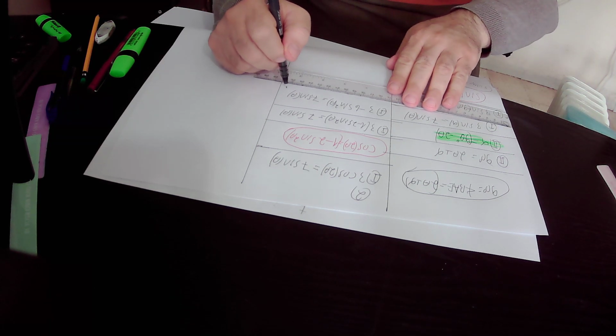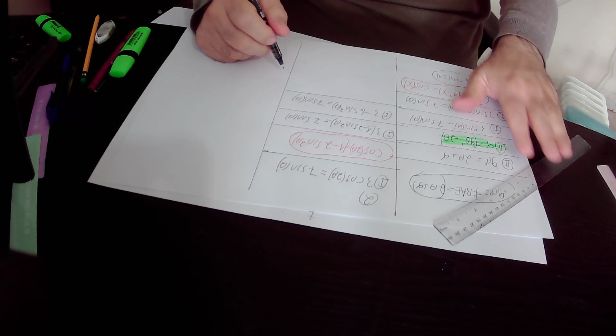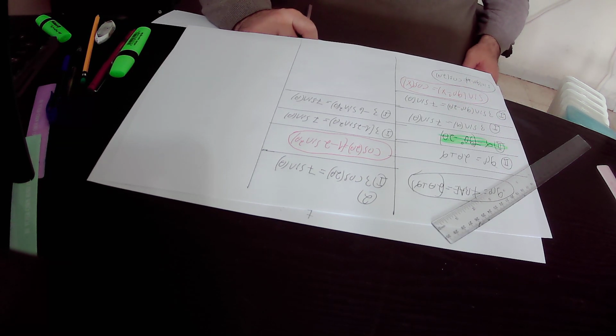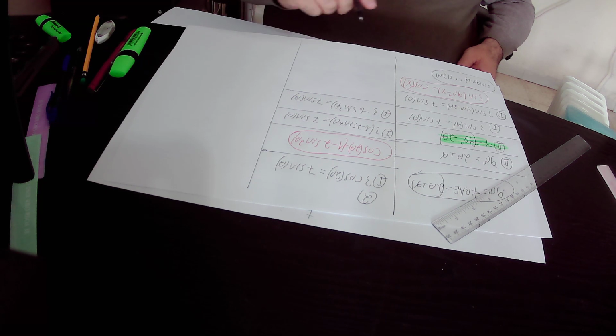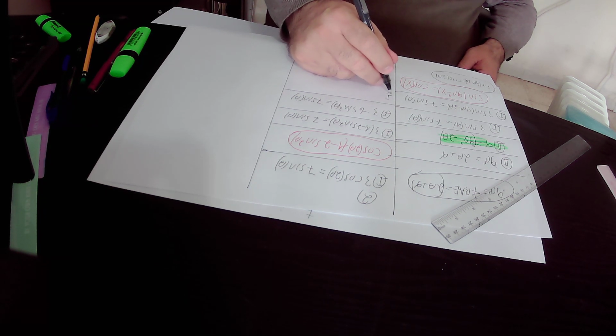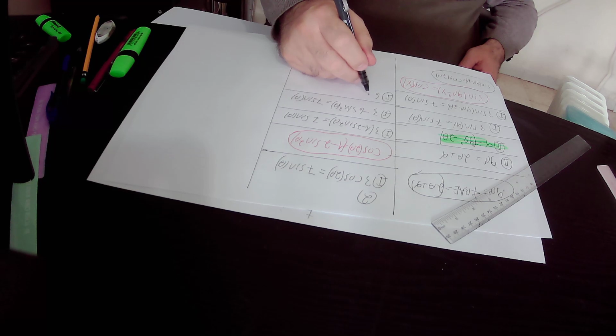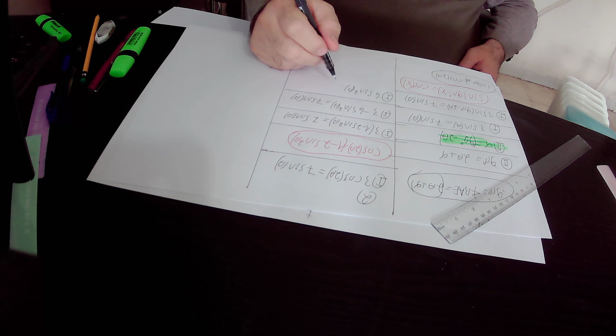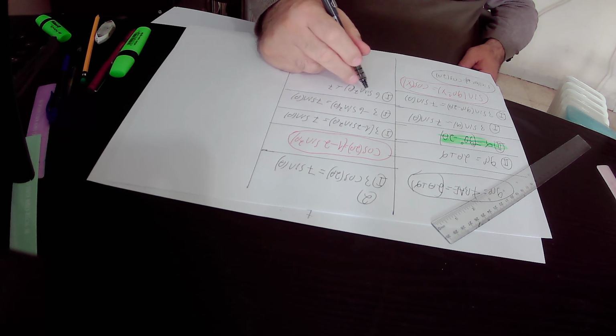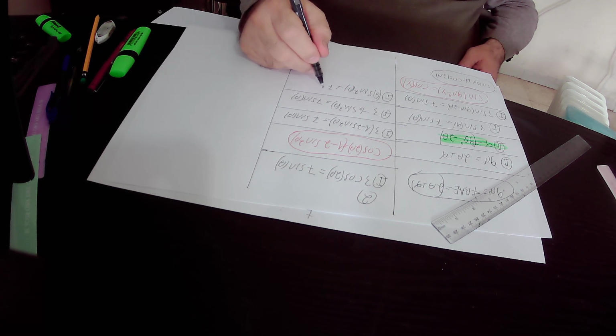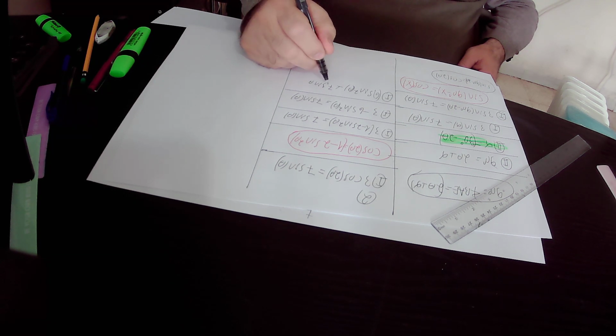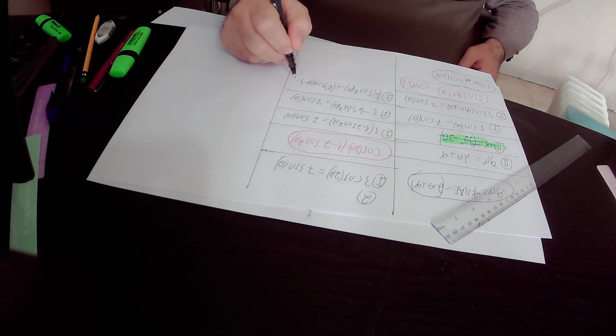Okay, so here we will add 6 sine square theta to this equation, and we will also subtract 3, and we will get 6 times sine square theta plus 7 times sine theta minus 3 equals 0.